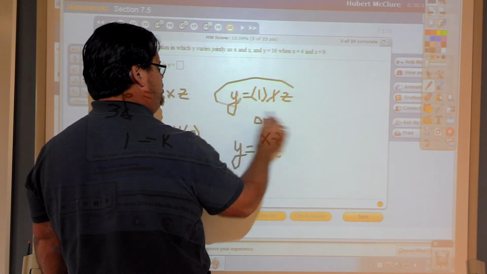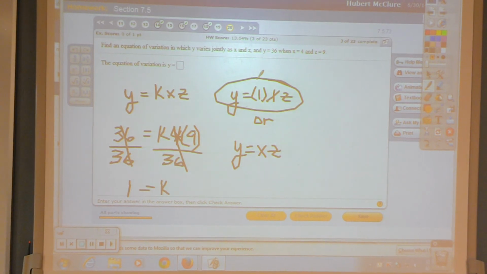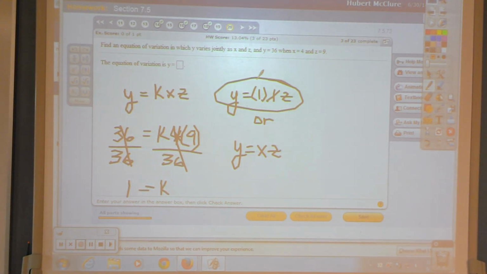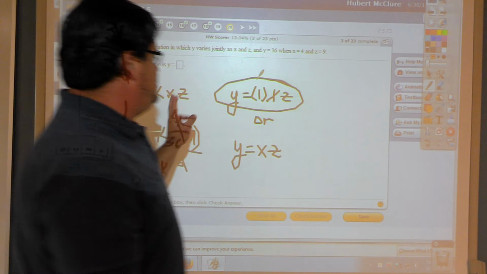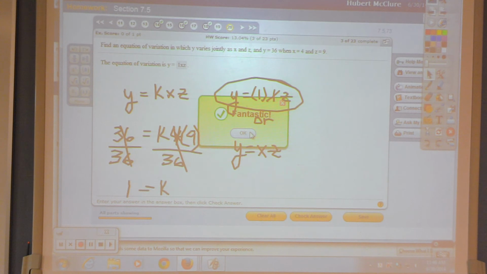But I want you to do it this way because you need to put k back in. If that was a 2, you wouldn't not put it. They probably want xz, but we'll put it in and see. 1 times xz.